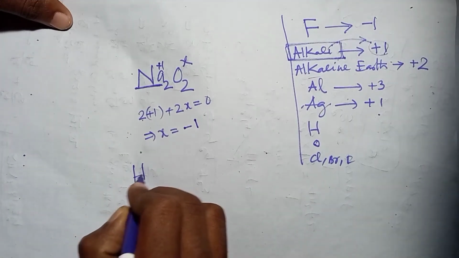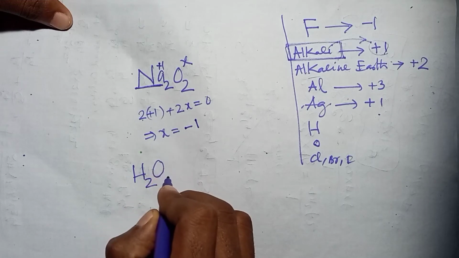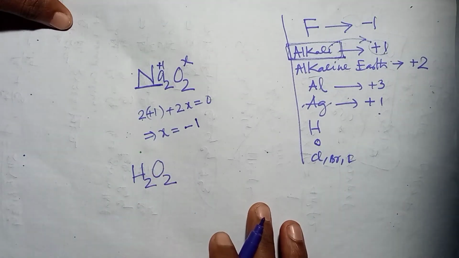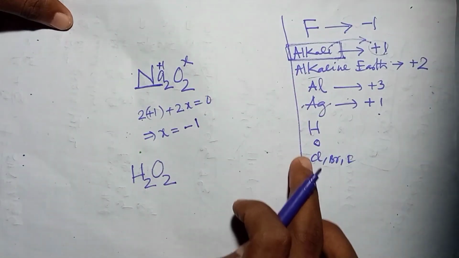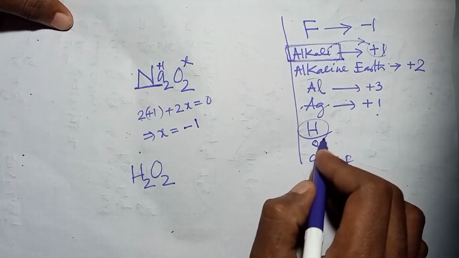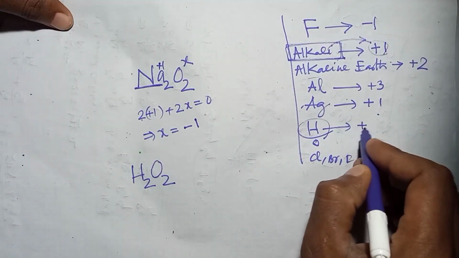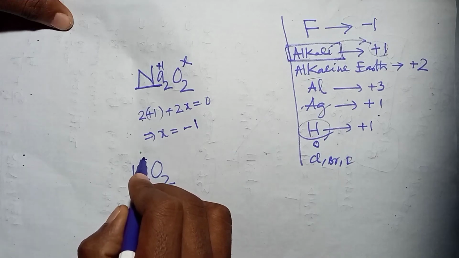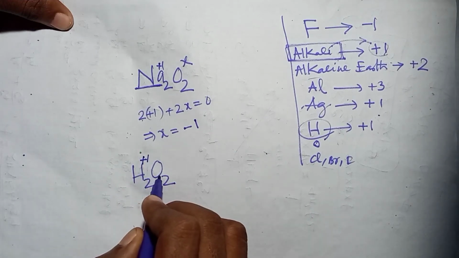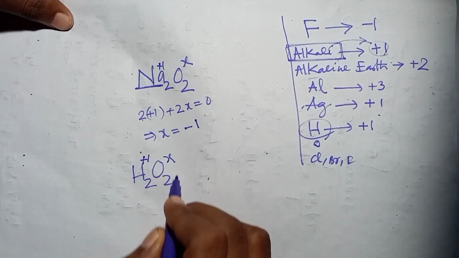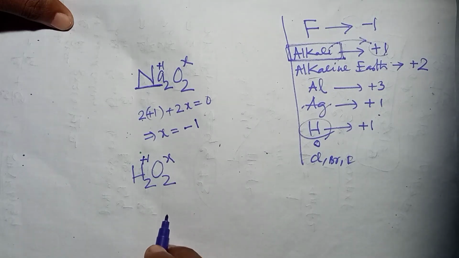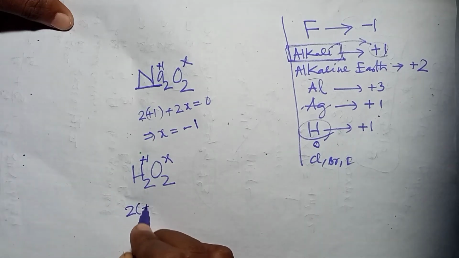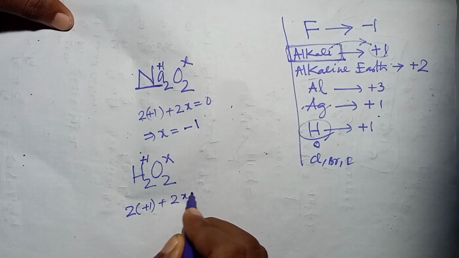Let's say I want to find the oxidation state of oxygen in H2O2. Which element comes first in this priority table? Hydrogen comes first, and hydrogen has an oxidation state of +1. So I first assign the oxidation state to hydrogen, then to oxygen. So it will again be 2 into +1 plus 2 into X is equal to 0.